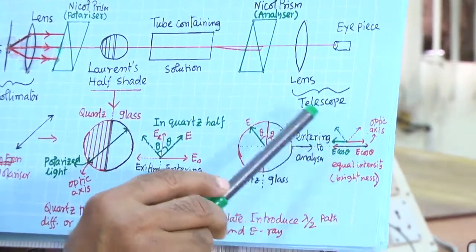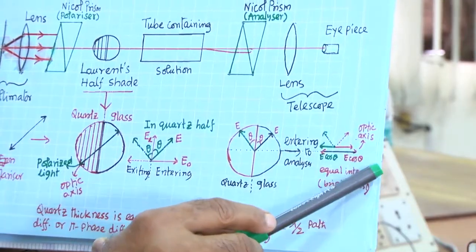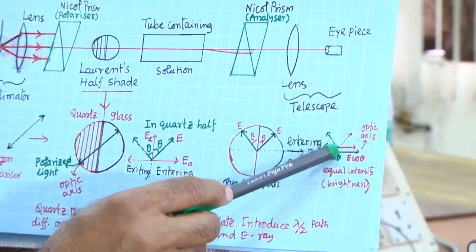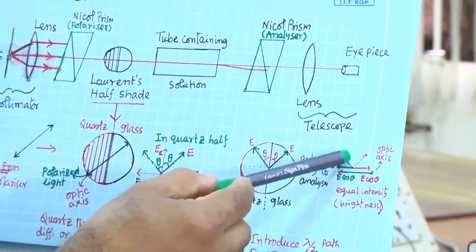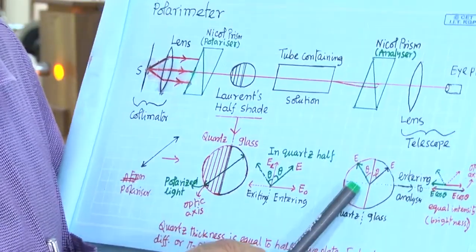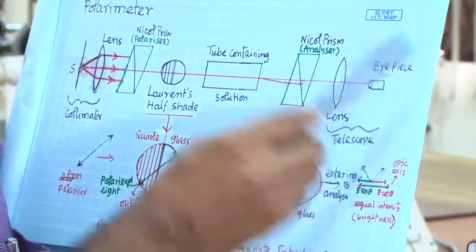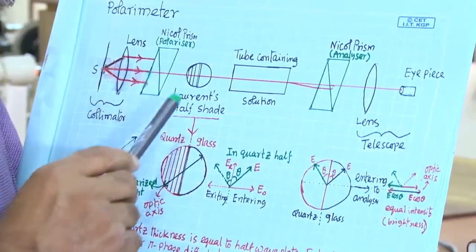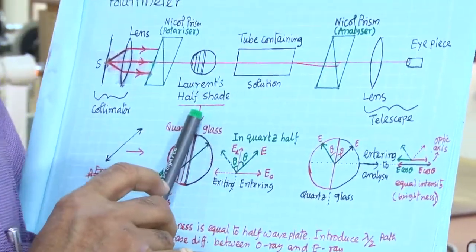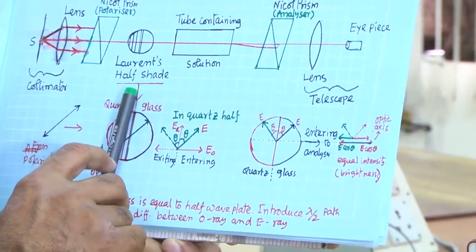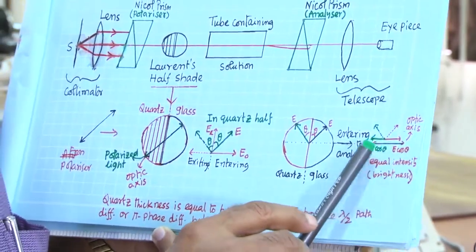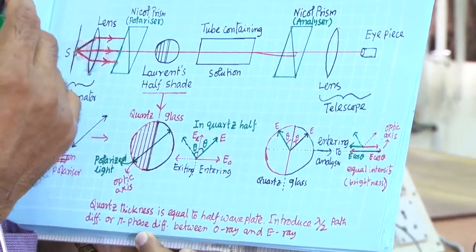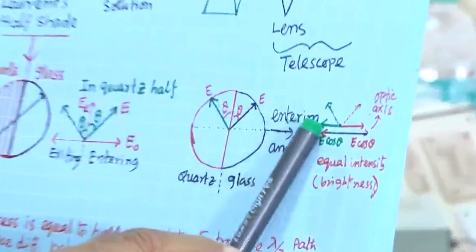From the glass part, that component will be E cos theta, and for the other half, the quartz part, this direction, that component will also be E cos theta. So when we see through the telescope, we see the image of this half shade, and from both halves equal amplitude is coming out. That means it looks equally bright.